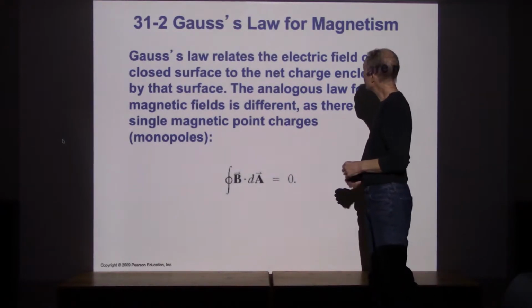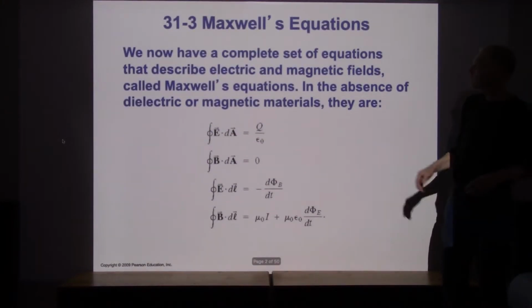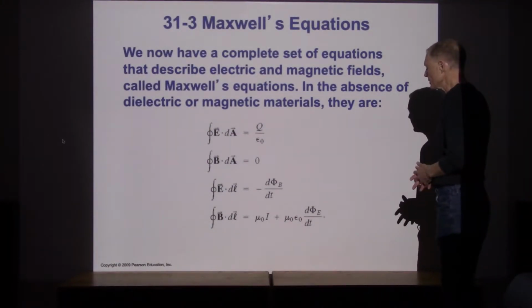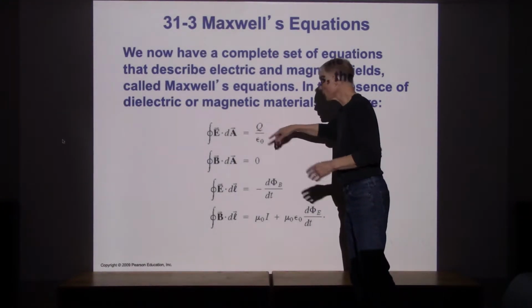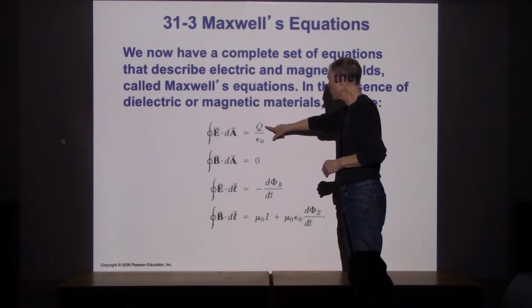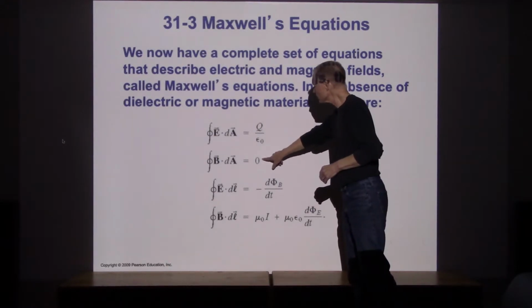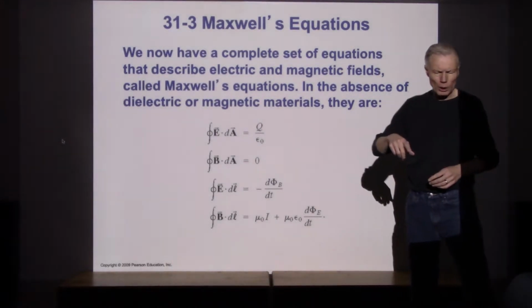Now, notice that the divergent electric fields depend on how much charge is present. Some people have suggested that there needs to be a separate magnetic charge.